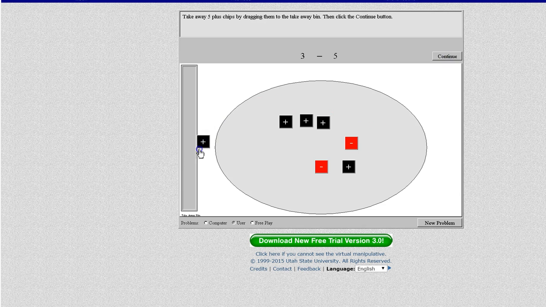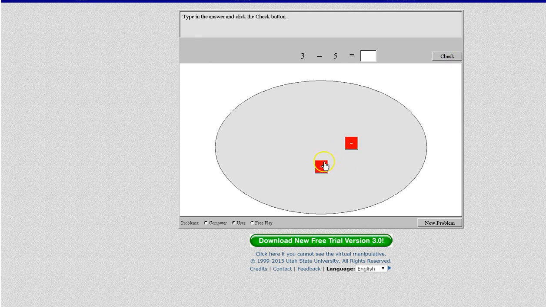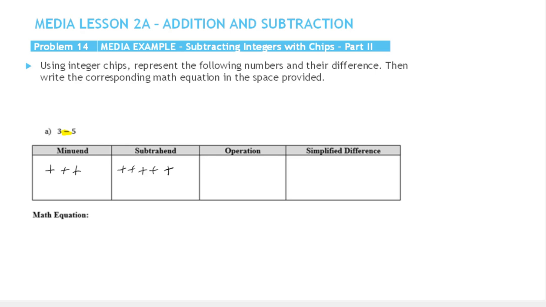Now I'm going to put them in the takeaway bin. The 5 positive chips. And once I've done this, I see my result is -2. So let's go back and see how we'll represent this on paper. So we started with our 3 positive chips, and then remember we added 2 plus minus pairs.